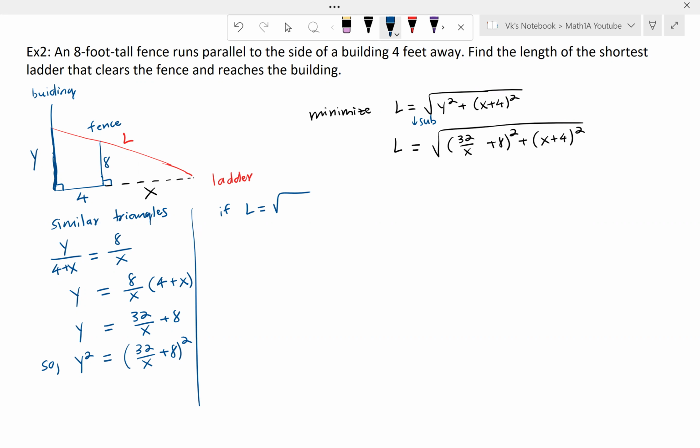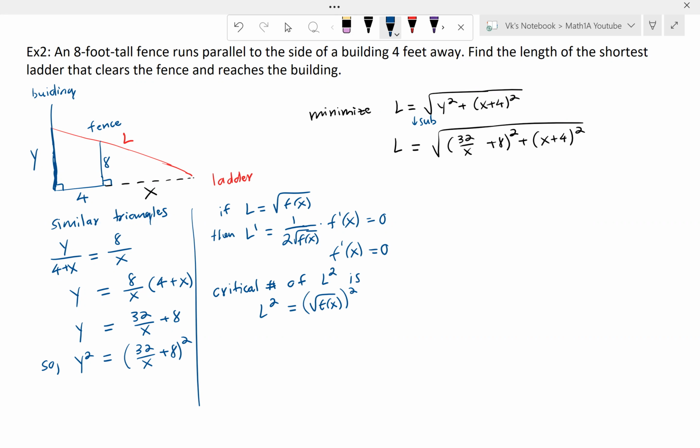If L is equal to root of f(x), then L prime is 1 over 2 root of f(x) times f prime x, and when we set it equal to 0, f prime x equals 0. The critical number of L squared: L squared is f(x), so the derivative of L squared is f prime x, and we set it equal to 0.